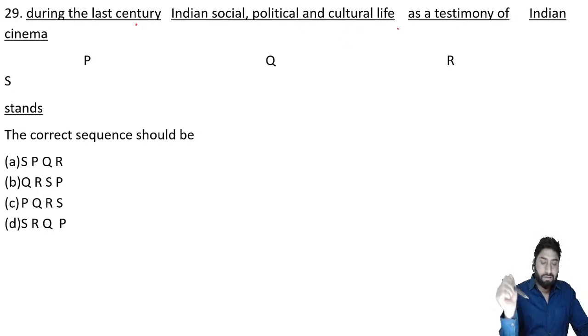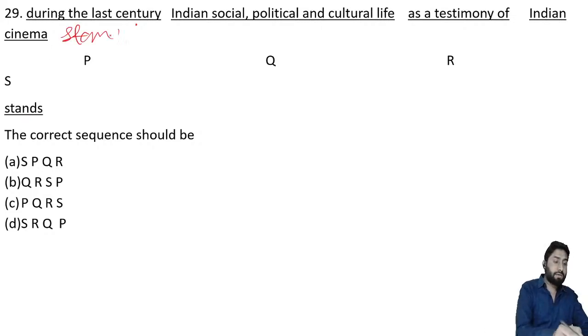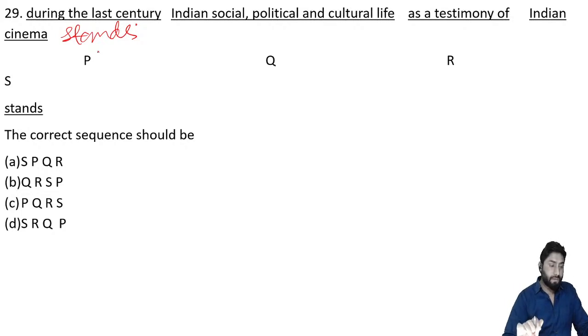Indian social, political, and cultural life. This could be the beginning. As a testimony of, again, this cannot be the beginning. Indian cinema stands. I think this should be together. Indian cinema stands. Yes. This stands will be here. This has come down. It's a typing error. So Indian cinema stands.